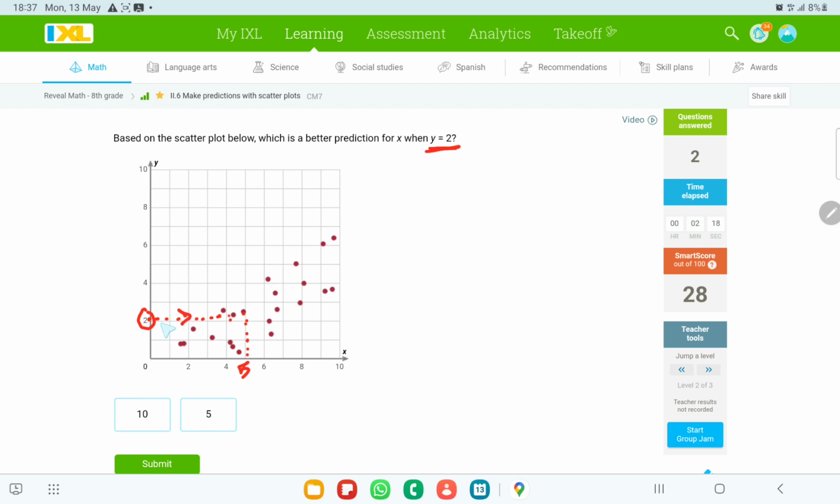I moved until I find any points from the scatter plot, and then you will find that you hit the x at 5. Excellent. Is it 10? Actually not. If you go at y equals 2, do you find any points here? No. So the correct answer is yes. When y equals 2, x would be 5. Very good.